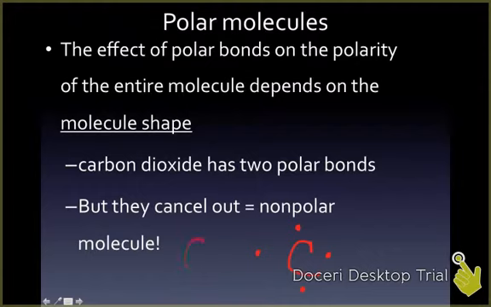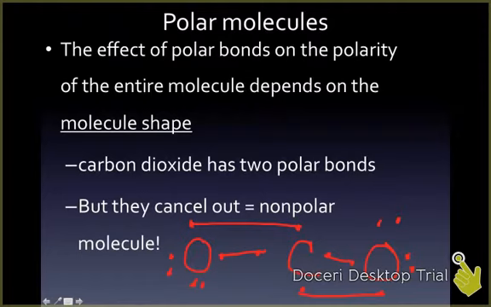Okay, oxygen has 6, so we're going to draw 6 dots. We need another oxygen. It again is going to have 6 dots because it's in the 6th column. We're going to make 2 covalent bonds between each. So we have 2 double bonds.